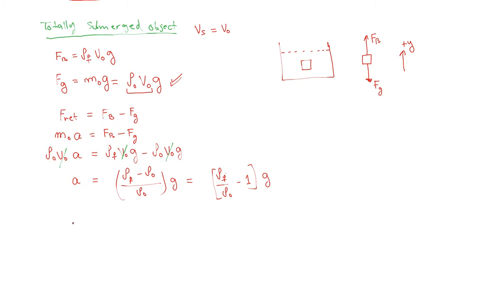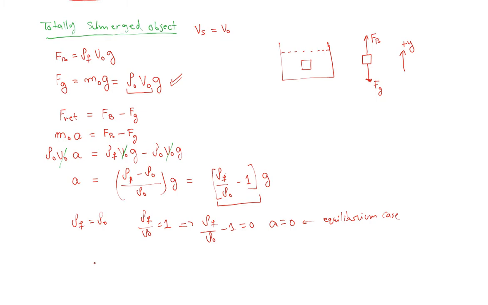Now consider a special case that rho fluid equals rho object. If the density of the fluid equals density of the object and the object is fully submerged, then rho fluid over rho object equals 1. Okay, and if this is 1, then this factor becomes 0. So in this case, rho fluid over rho object minus 1 equals 0, and the acceleration is 0. And this is called the equilibrium case, because if there's no acceleration, it means the net force is 0.